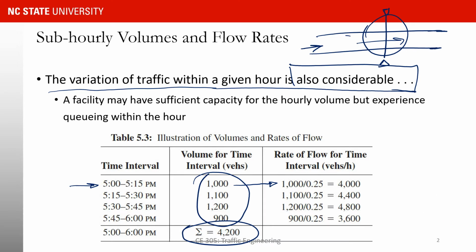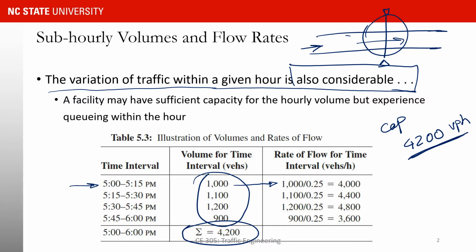Now, if I assume that the capacity that I have here is 4,200 vehicles per hour, what does that mean? It means that I can process 4,200 vehicles per hour at that point. Am I gonna have an issue between 5 to 5:15? I have 4,000 vehicles that want to go through. I can process 4,200. This is less than that, so I'm okay, right?